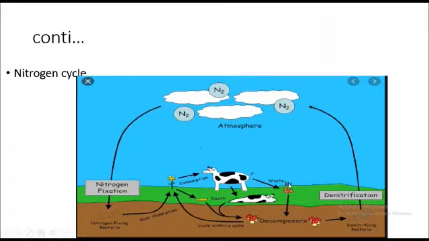When this animal produces stools, this waste product also goes into the soil. So now there are three substances that go into the soil: the waste products excreted by this animal, the animal that has died, and the plants.